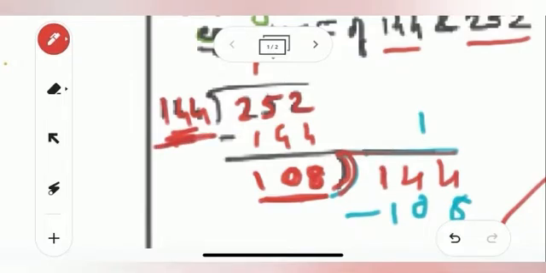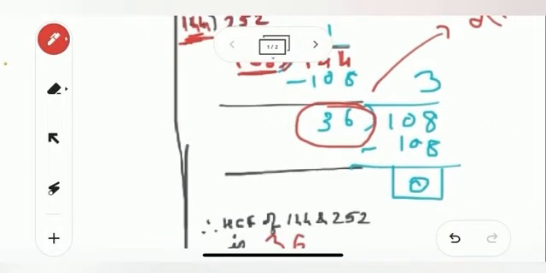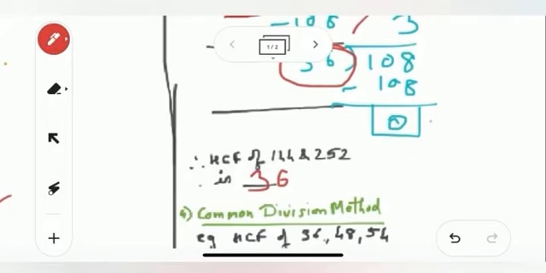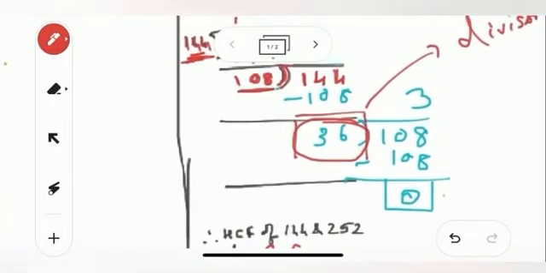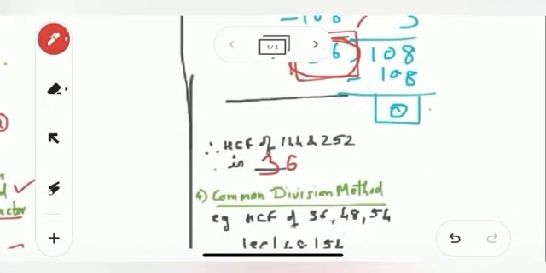This is a divisor, that you will write, 144 here, and that you will divide by whatever is the remainder. This way you will follow till you get the remainder as 0. So whatever last divisor is there, that last divisor will be your final answer.